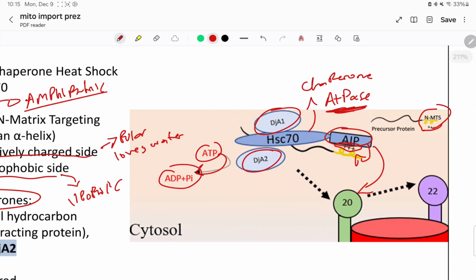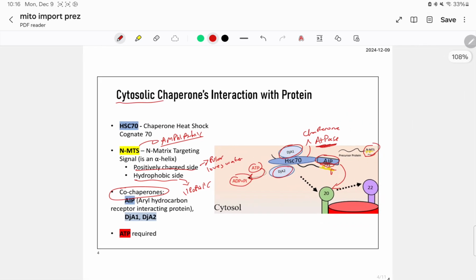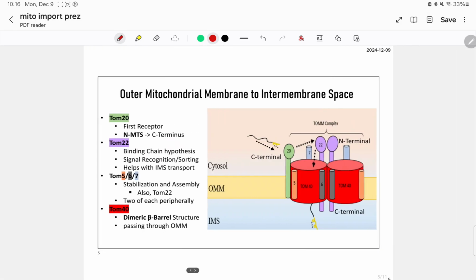Specifically, the C-terminus of TOM20 is very acidic, and so that's how it binds to AIP. I'll show you what I mean by that next slide. But that's how cytosolic chaperones bring this precursor protein in close proximity to the TOM complex.